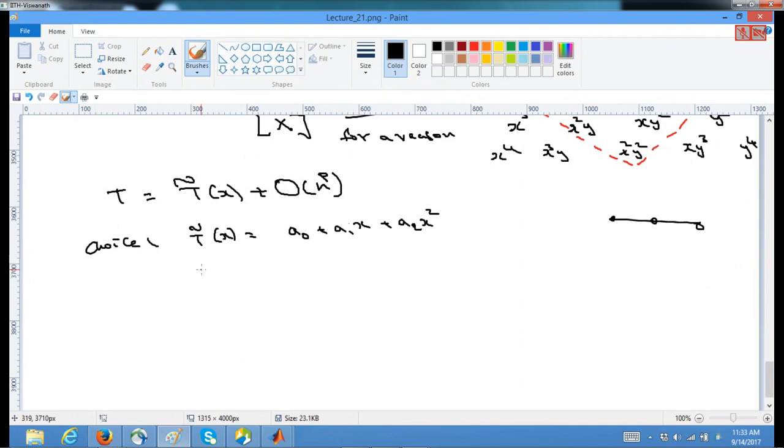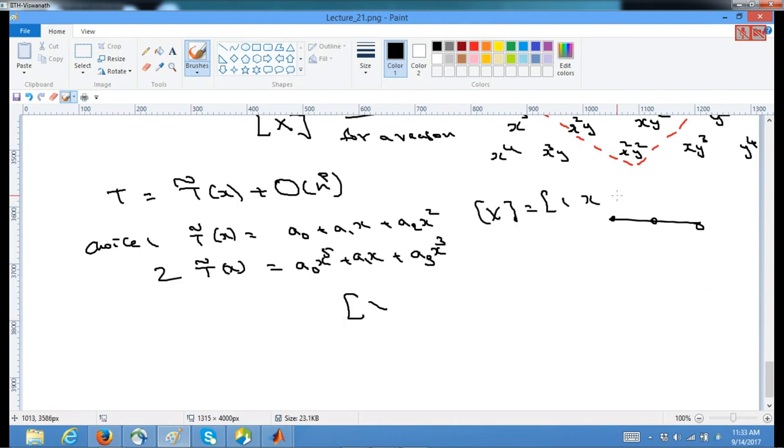For choice 2, I take it as a naught x to the power of 5 plus a1x plus a3x cube. The basis in this is 1, x square, and in that, x cube. You can rewrite it in any form.